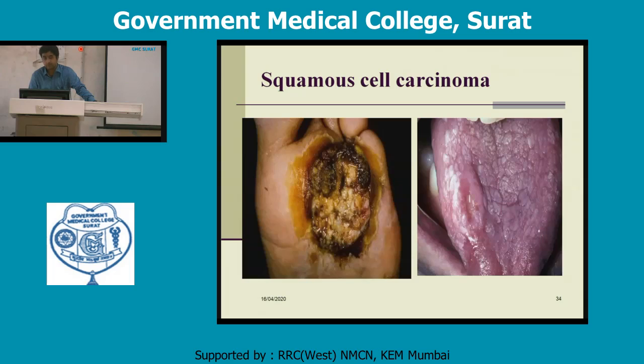Then come the malignant lesions. Squamous cell carcinoma. Left one, squamous cell carcinoma of the foot, gross image. It looks horrible. By just seeing the gross, we can say that something is wrong in this patient. But even after that, biopsy is required. Here, the tongue, a grayish white lesion.